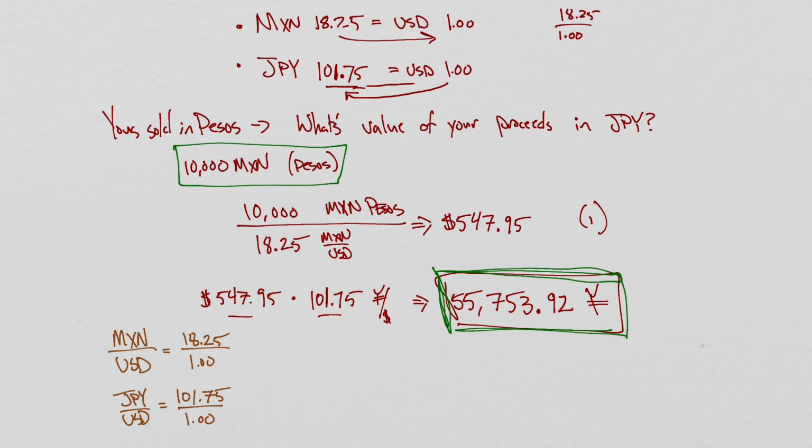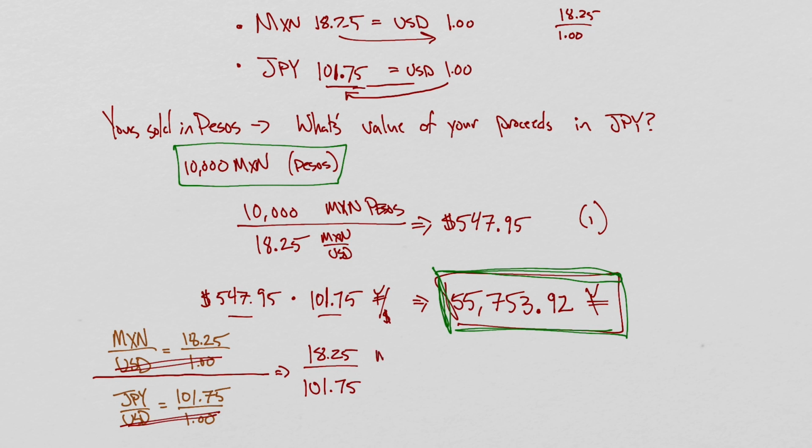I just look at this for a minute. If I divide one by the other, since they both have the denominator of 1, algebraically, those two cancel out. And what that means is that taking a cross rate is pretty easy as long as you're talking about everything in terms of USD with a unit of 1 on the bottom.